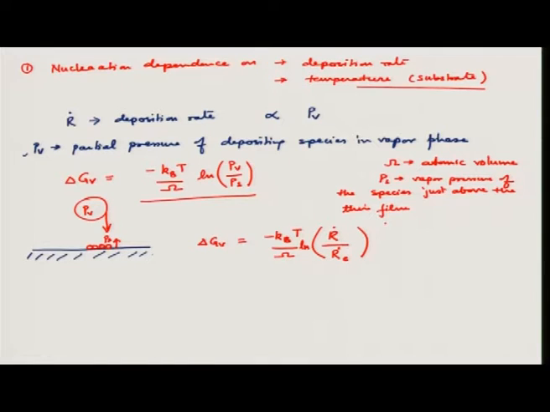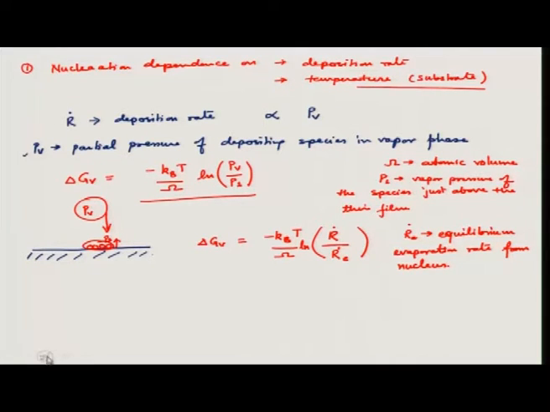So, R dot is the deposition rate, R E dot is the equilibrium evaporation rate from nucleus, okay. So, we can call that this is a nucleus and this is the evaporation rate, okay.